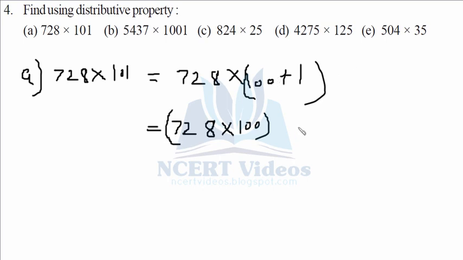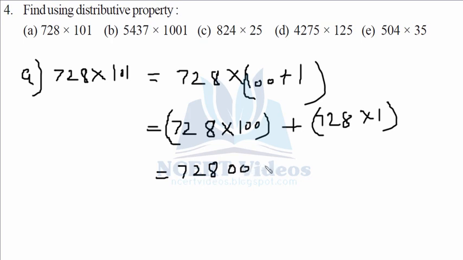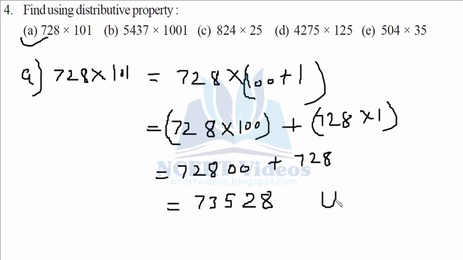It is distribution over addition. 728 into 1. Now the simple task is to multiply and then add them. It is done by the trick of appending two zeros at the end. 728 into 1 is 728. So when you add it up, it gives you 73528. That makes your A part using distributive property. Likewise we will do the other 4 parts.